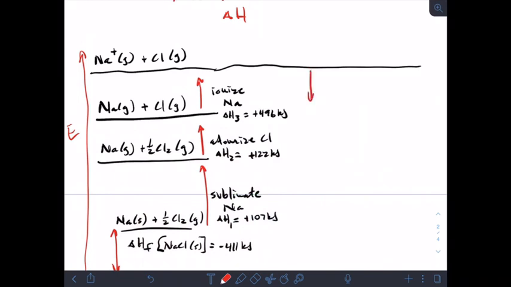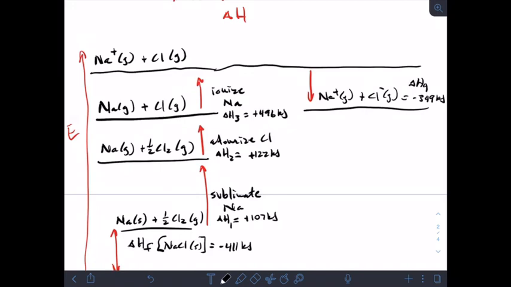We're going to drop down some energy here and make Na plus gas and Cl minus gas, and that has a delta H, call this delta H4, equal to negative 349. Now I've got two ions. I've accomplished everything, I've finished step 3.